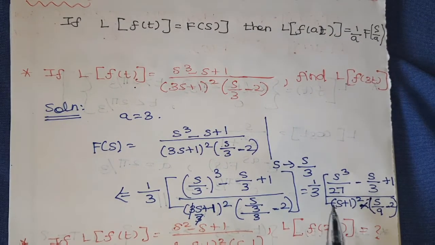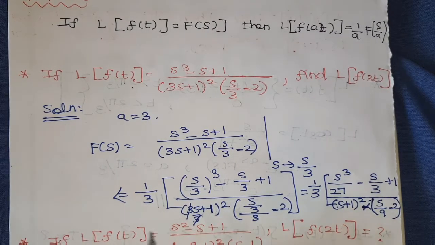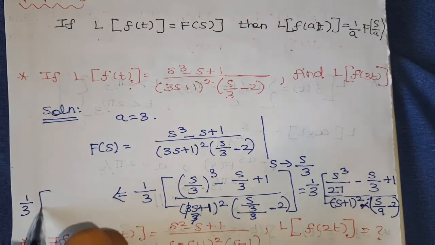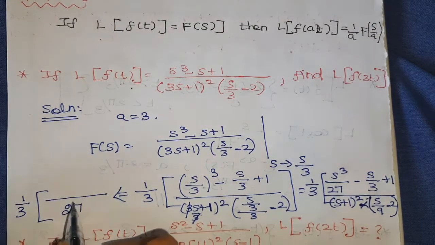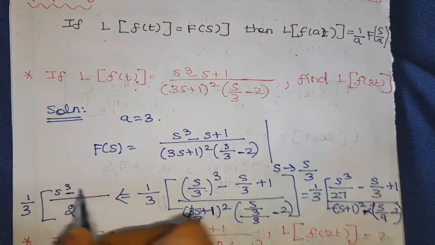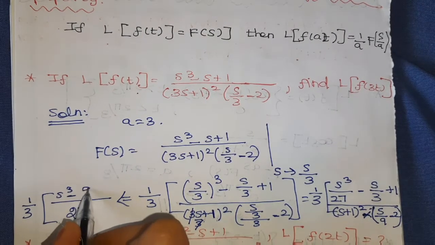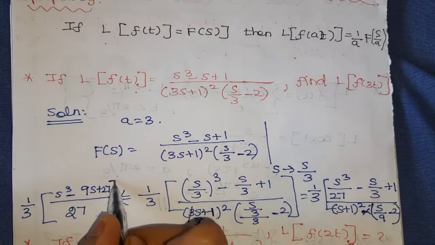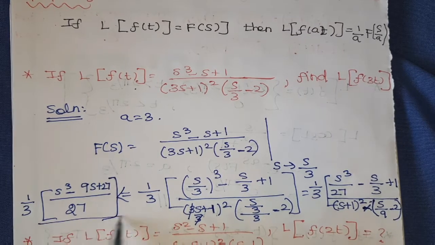So s³, 1/3 here, take the LCM over here: 27 in the denominator, (s³ − 9s + 27) divided by the denominator term.